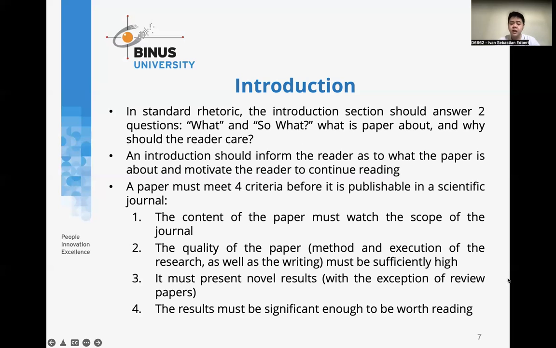Okay, the fourth one: the result must be significant enough to be worth reading. What does it mean? When we tell the result to the readers and it's not worth reading, it means that the result is not good, not interesting.